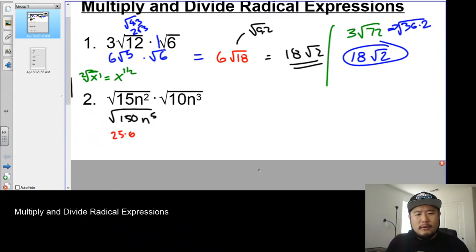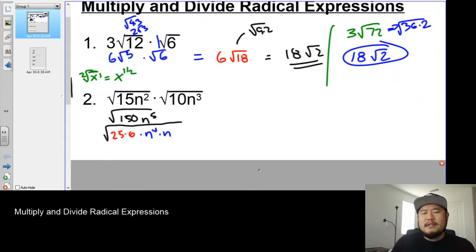So let's change this to n to the fourth times n. What we can take the square root of are even exponents, and what happens is you take your exponent and divide it by 2. Think about what happened right there: we got x to the 1/2 power.